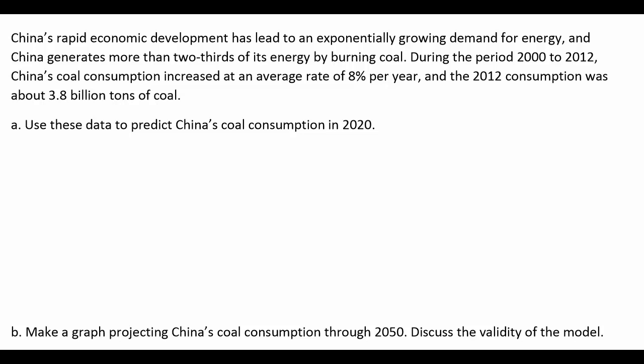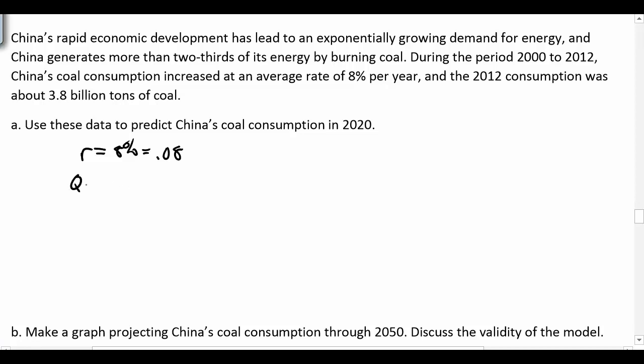Okay, so let's think about what information we're given and which of our three equations we want. We're actually given a rate. We're given that it grows at 8%. That's 0.08 when we actually use that in the formula. So we want to use the first of those three formulas, Q equals Q naught times (1 plus r) raised to the t power.